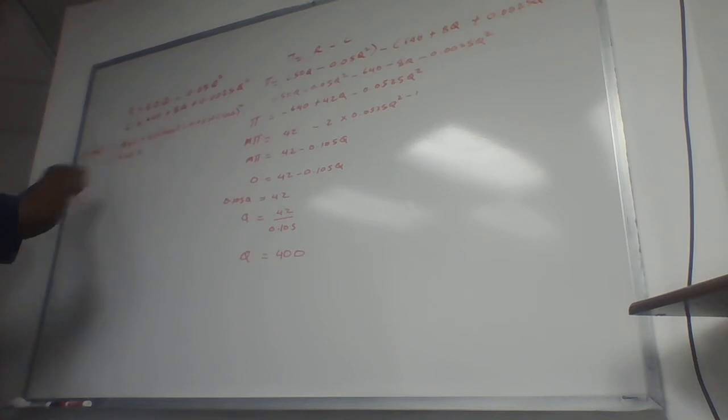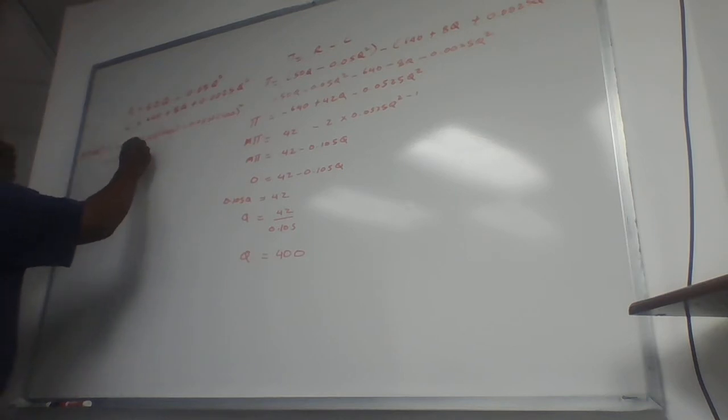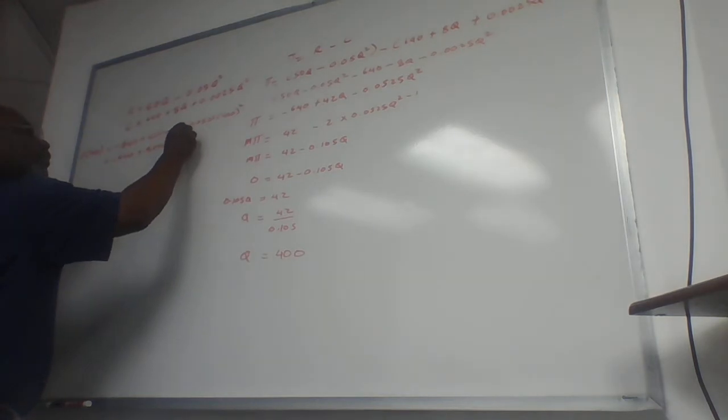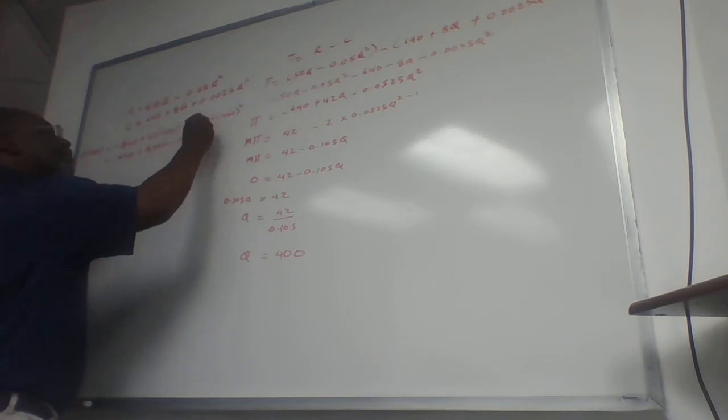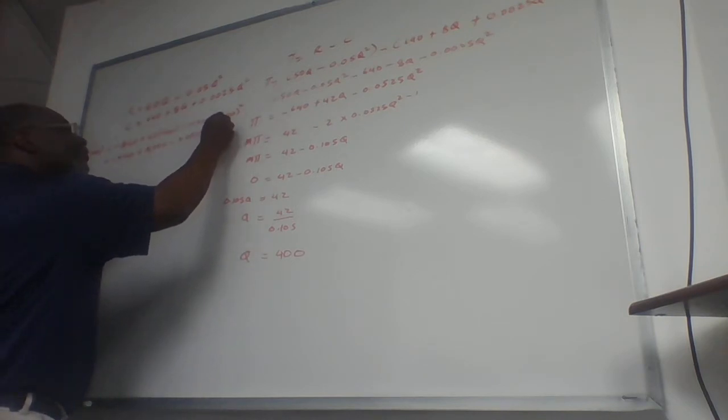What's 42 times 400? 16,800. What's 400 squared? 160,000.